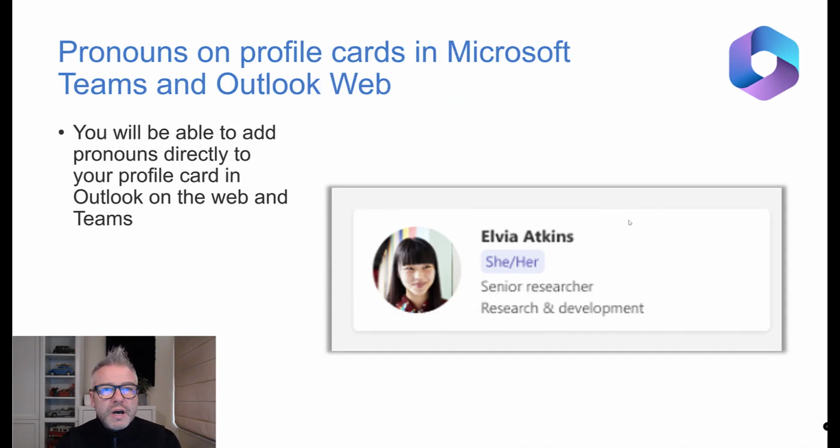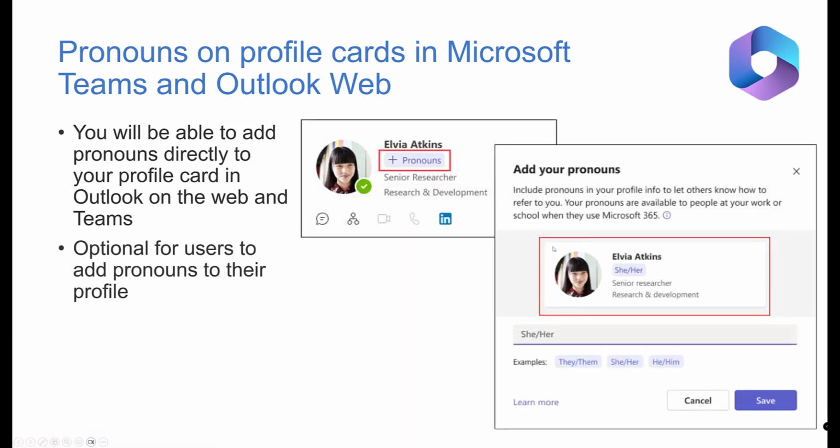Okay, so pronouns on profile cards in Microsoft Teams and Outlook Web. So let's just click through here. Now, I know of a UK government organisation. I'm sure that it happens across multiple organisations, but just thinking about one in particular, where lots and lots of people now share their preferred pronouns on their signature, and this is going to help people just express themselves a bit better, I think.